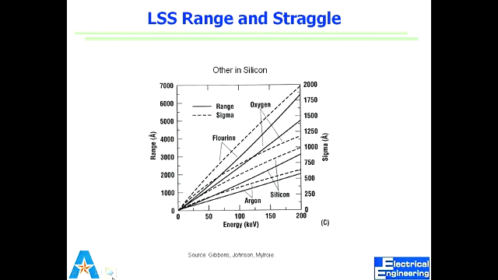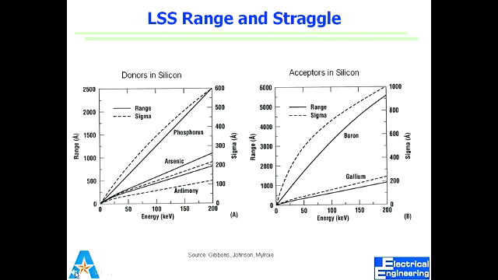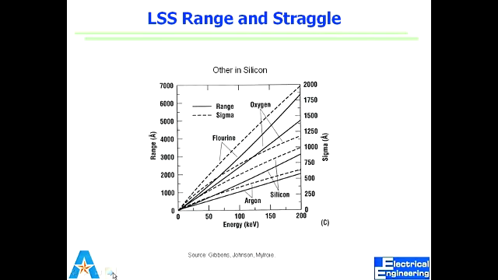So others: fluorine, oxygen, silicon, argon. But if you look at the ranges, that's why we call them fast diffusion, right? They go through quickly. Oxygen at, say, 100 can be 2500 angstroms, right?